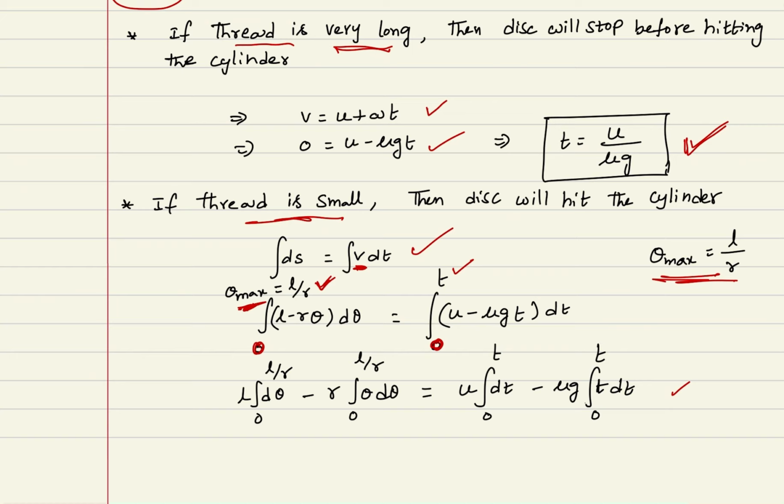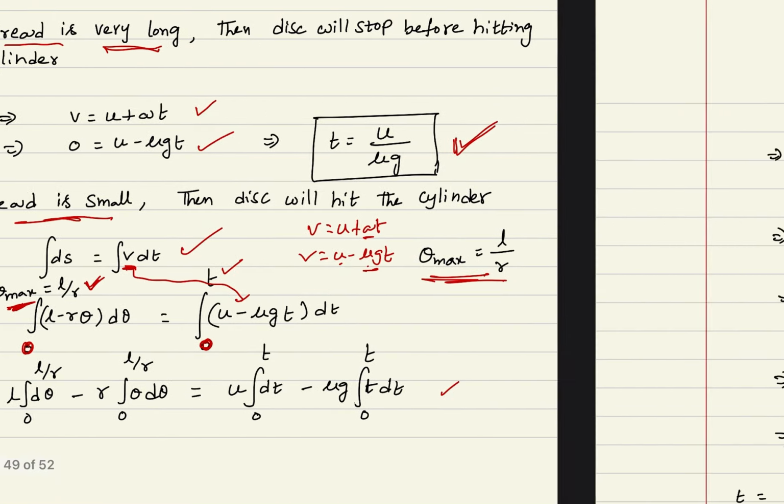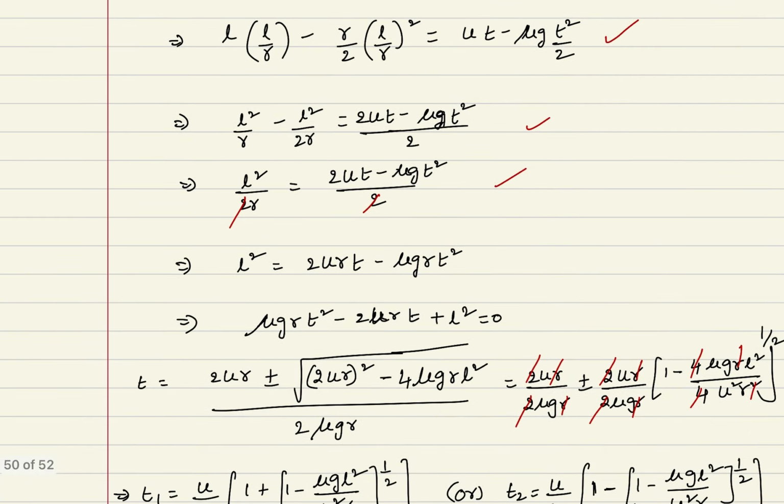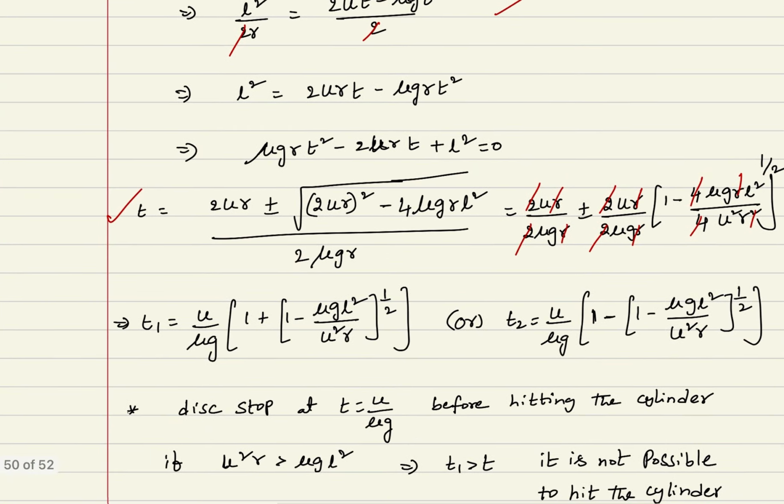Before applying the v value, you know that v = u + at. From the above relation, we can see that v = u − μgt. I have written that the disk is retarding. I have substituted this v value and integrated. I hope everyone knows integration, and we can follow the steps. After substituting, I got some t value.